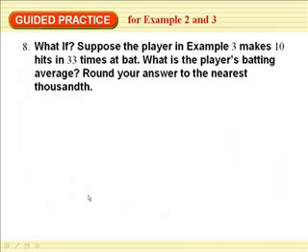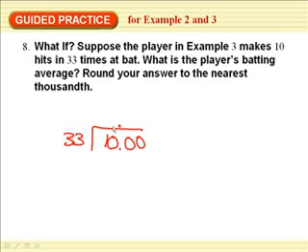I don't know. Crazy. So number 8 says, suppose the player in example 3 makes 10 hits at 33 times at bat. What's the player's batting average? So 10 divided by 33. Add some zeros. It won't go into 10. 3 times is 99.